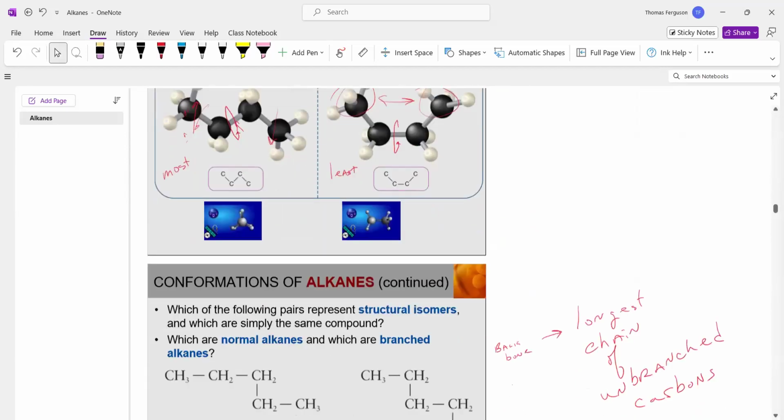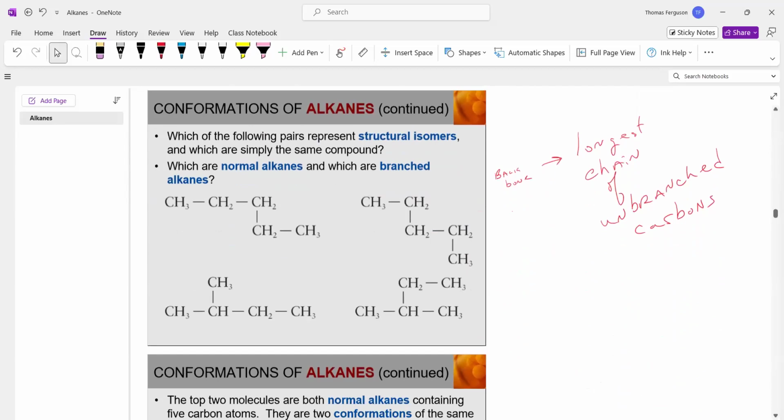So let's go back here and look at this. We have 5 carbons in a row, no branching. What I usually do is take a highlighter and highlight the backbone. Then I ask myself, are there any carbons not on the highlighted one?